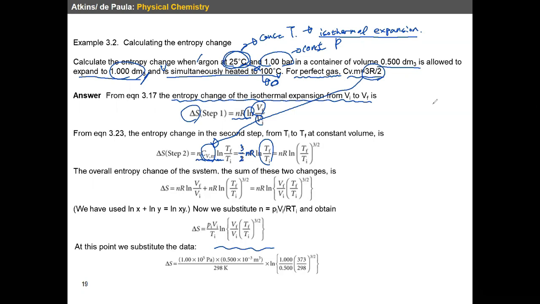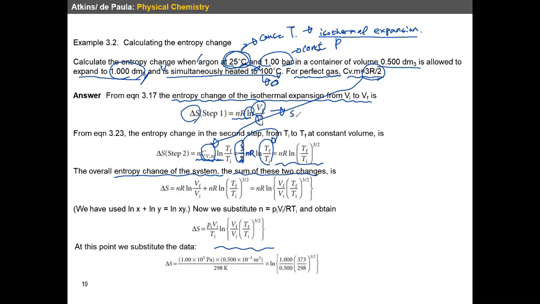Right? So we just put this here. Then we finally have nR ln Ti over Tf with the factor 3/2. And the overall entropy change of the system is the sum of these two changes.